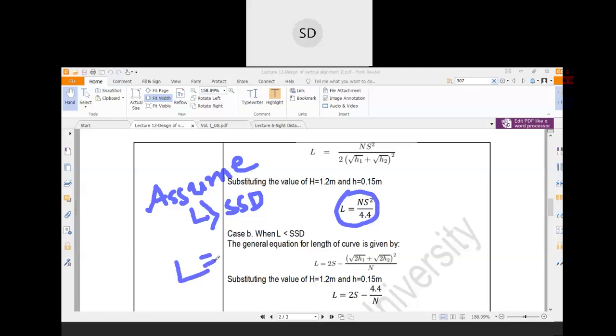Your L would be the deviation angle 8 into 128 square divided by 4.4.